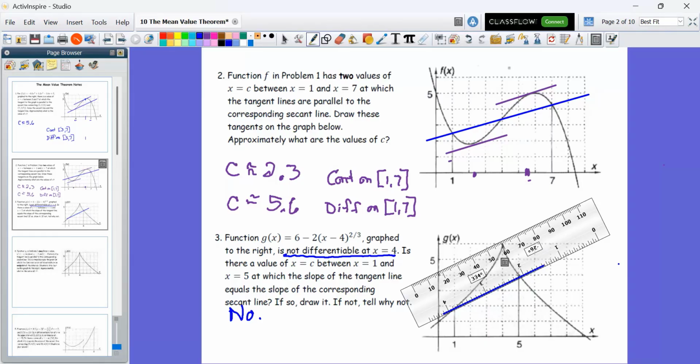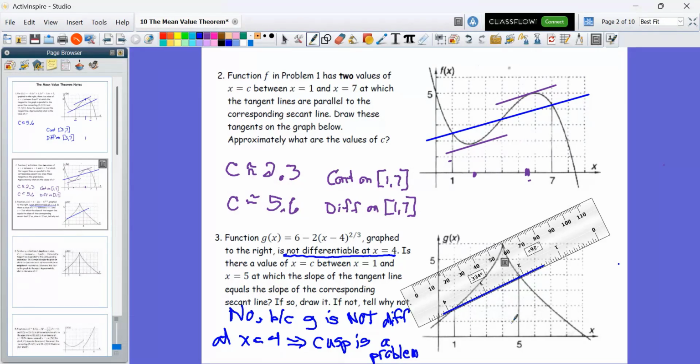Okay, that's because the function is not differentiable at 4, the cusp is a problem. And it's only because that 4 is in our interval from 1 to 5. Okay, that's why it's a problem.